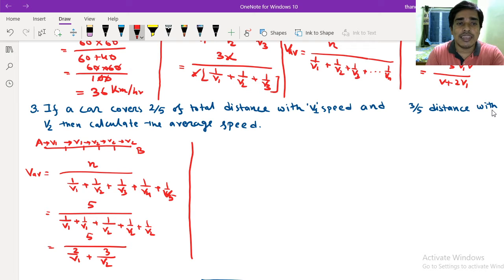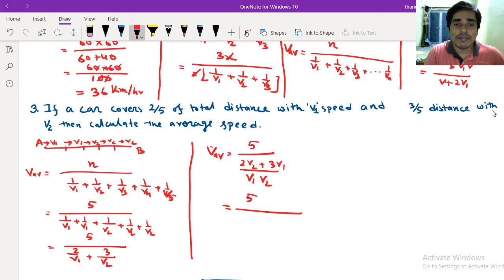So V average will be 5 divided by 2 by V1 plus 3 by V2, then it will be 5 V1 V2 divided by 2 V2 plus 3 V1. Put the values of V1 and V2.